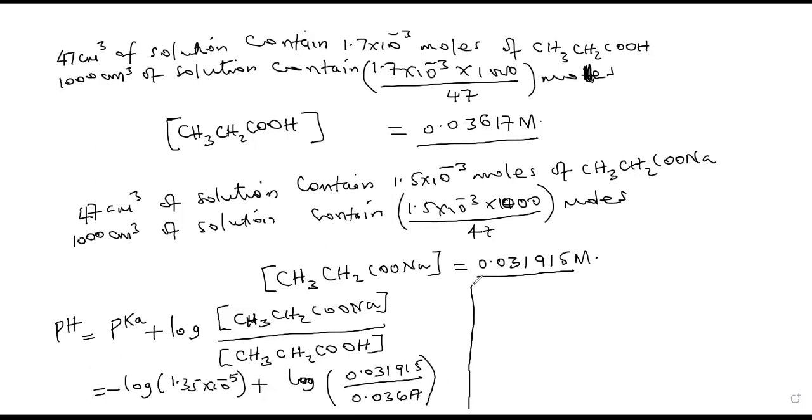All right, I'm concluding from here. So this is going to be equal to, from here, the negative logarithm of this. You're going to get 4.87. We are adding the logarithm of this ratio. This will be negative because this value is lower than this.